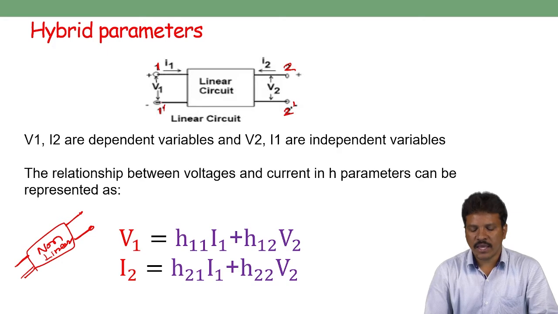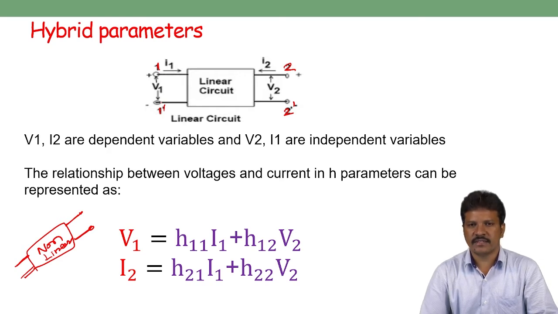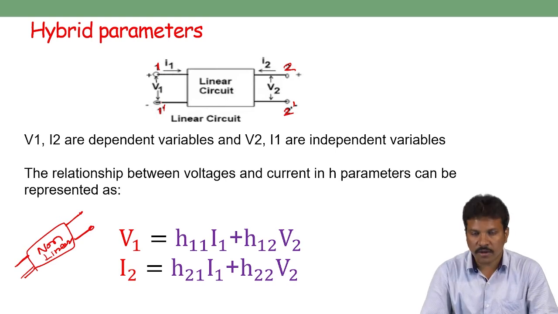Here the transistor, a three-terminal device, can be connected in three different configurations: CE, CB and CC. In these configurations, one terminal is common.